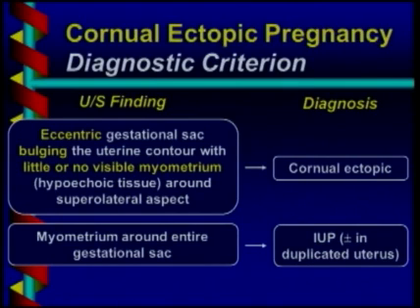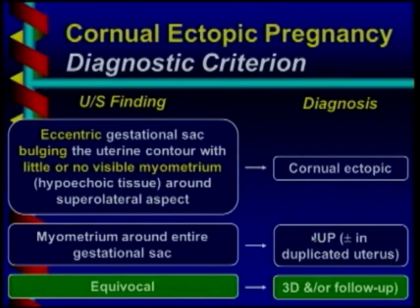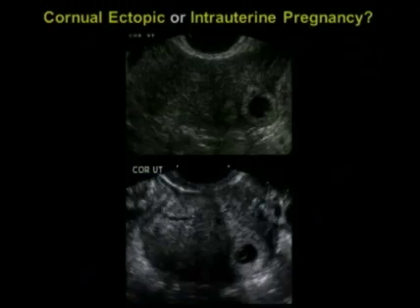But in any case, if you see myometrium around the entire gestational sac, it's an intrauterine pregnancy. If you're not sure and the patient is stable, 3D ultrasound with coronal reconstruction can give you the answer, or you can try following up.